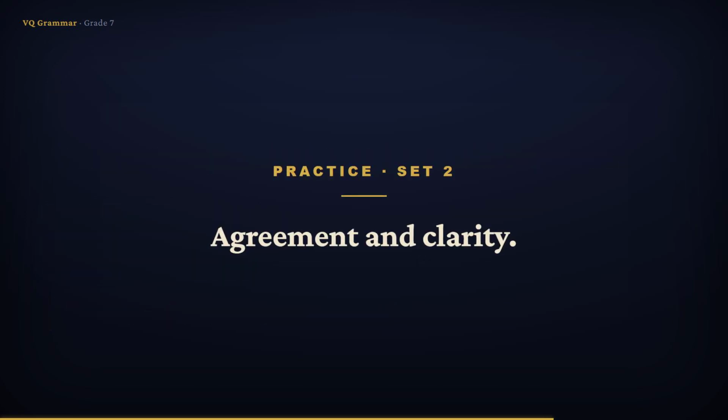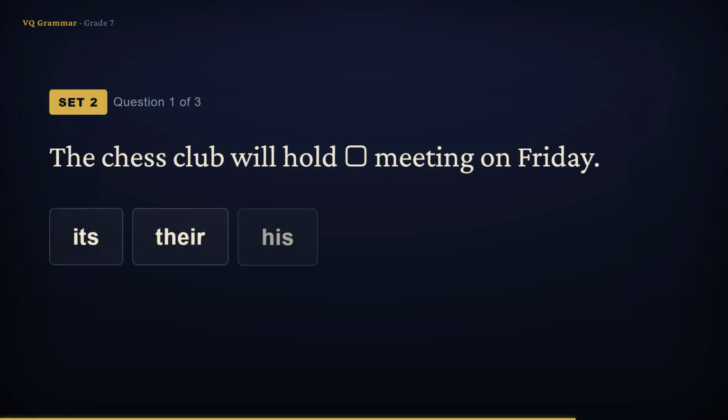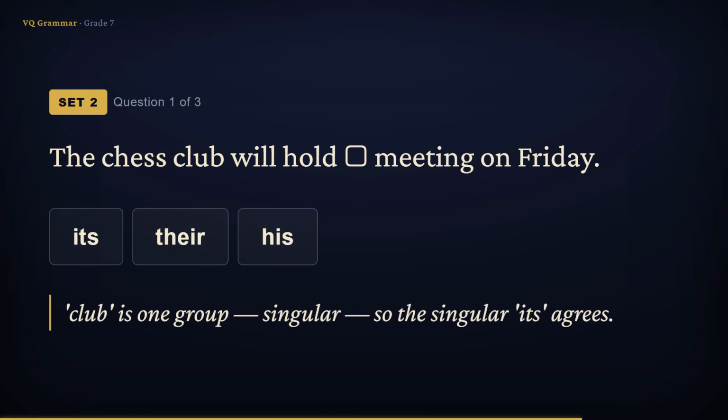In this second set, you'll pick the pronoun that agrees with its antecedent, or spot the sentence whose antecedent is clear. Think about number, gender, and clarity. Pause and choose before I answer. The chess club will hold its meeting on Friday. What's the antecedent? The chess club.